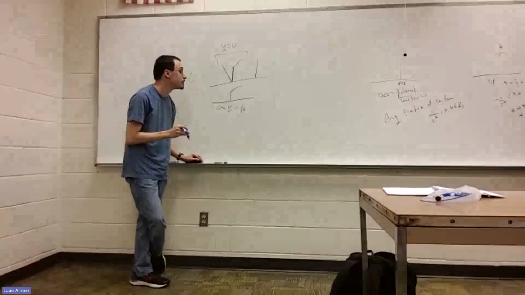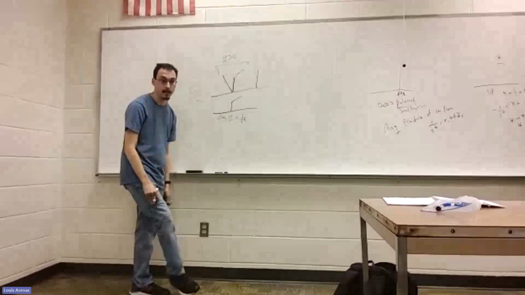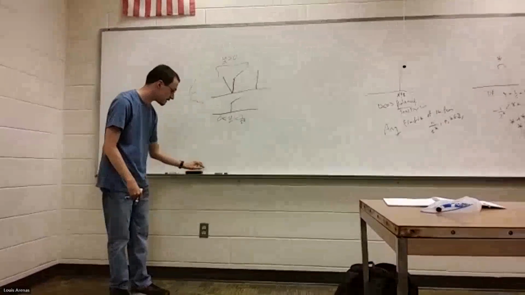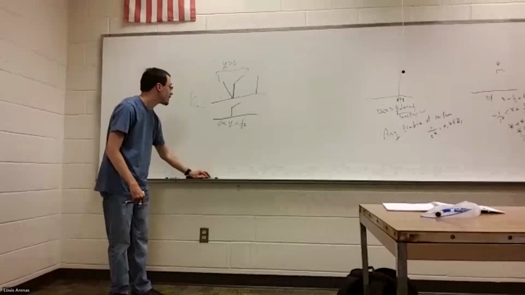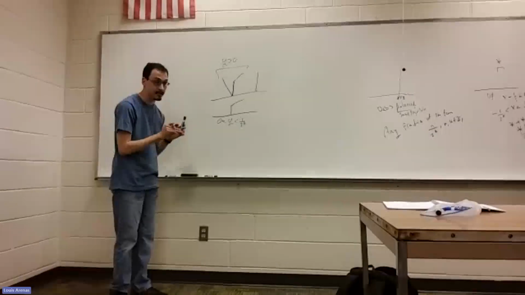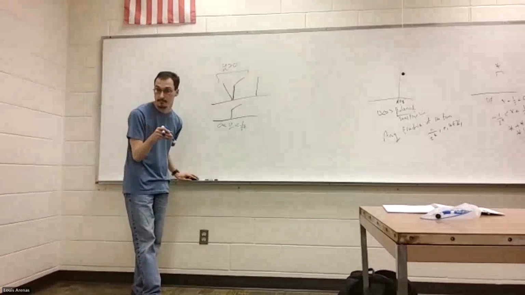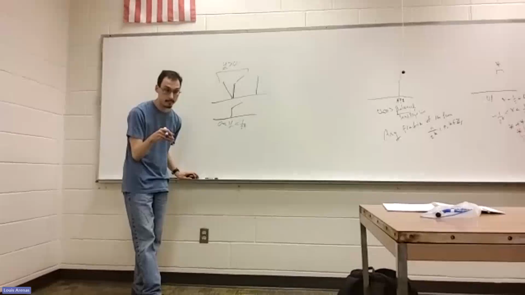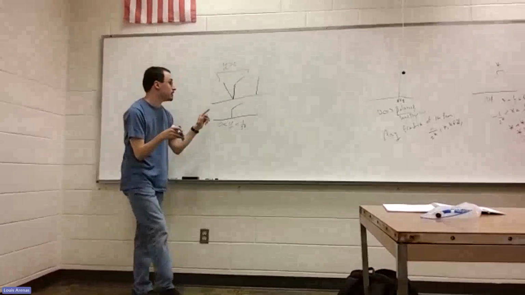I couldn't go so far as to write out the actual position. I don't know if it matters in the long run that it exactly equals a star. Do you guys believe me on that?